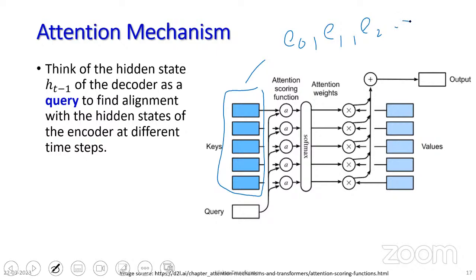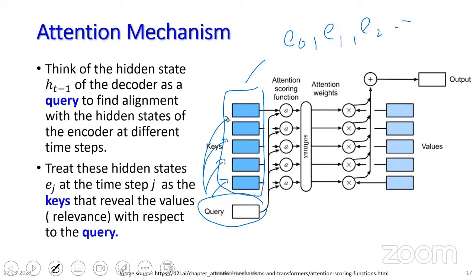With respect to the previous hidden state of the decoder, I'm trying to find out how aligned it is with the hidden state of this word, this word, and so on. So treat these hidden states e_j at time step j as the keys that reveal the values, the relevance with respect to the query, right?